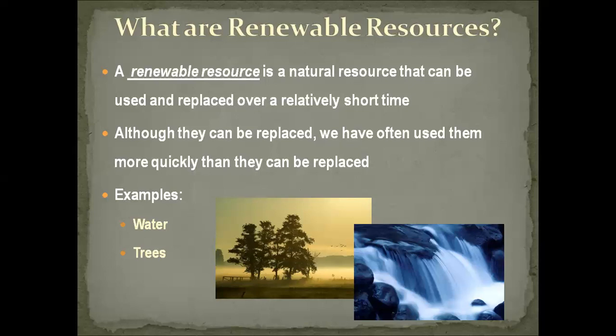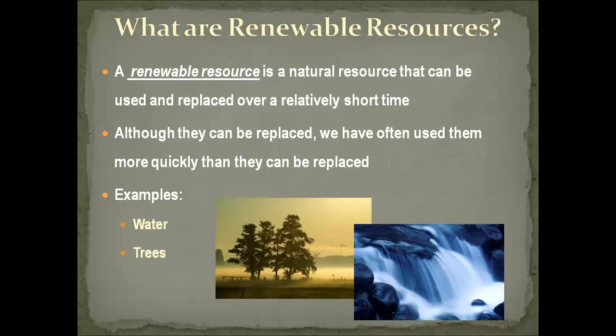Over here, see the point that although they can be replaced, we have often used them more quickly than they can be replaced. So, no matter that we can use these resources again and again, no matter that they are renewable resources, we human beings are using them at such a fast pace that their replenishment is not that quick.